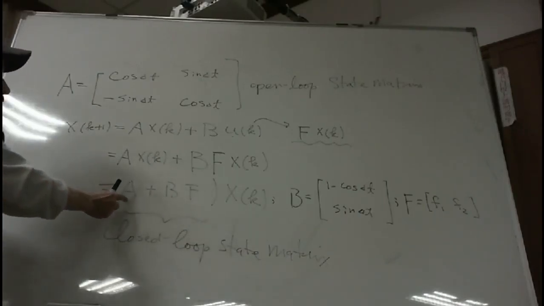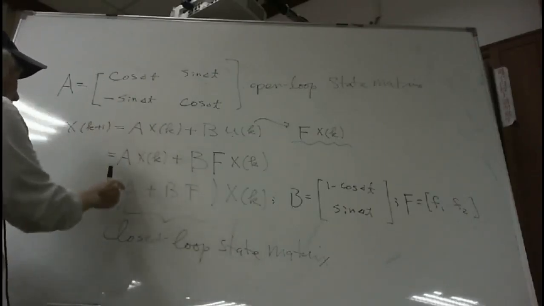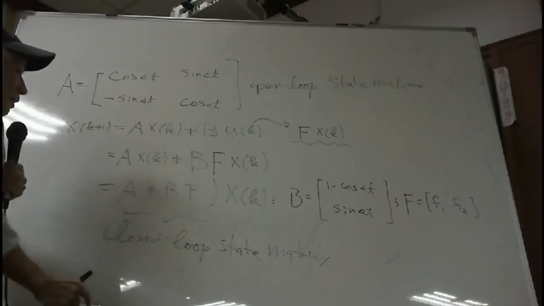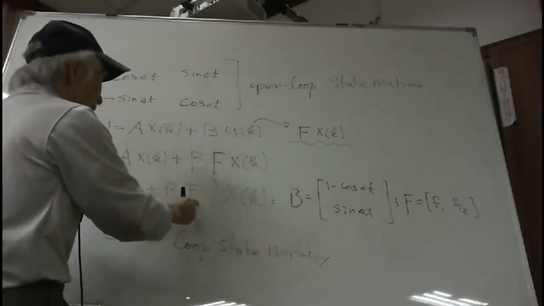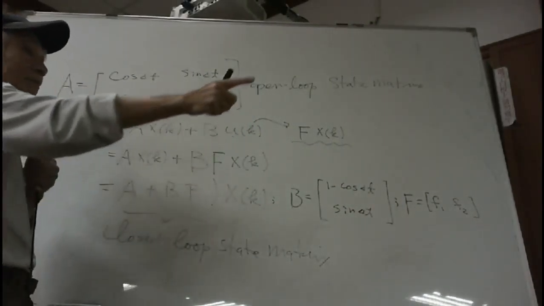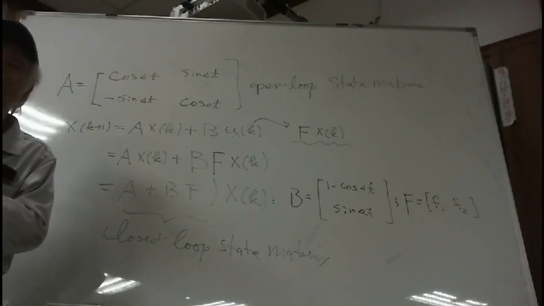You just substitute A there, put this one there for B, that one there for F, and you add together. That's mine, A plus BF there. Any questions? You think that clear enough?